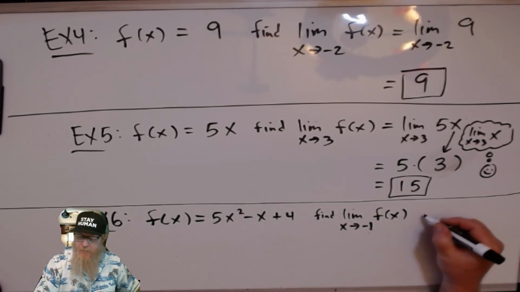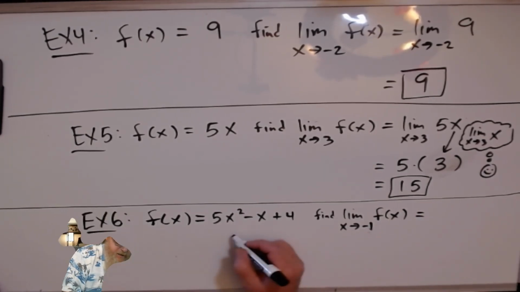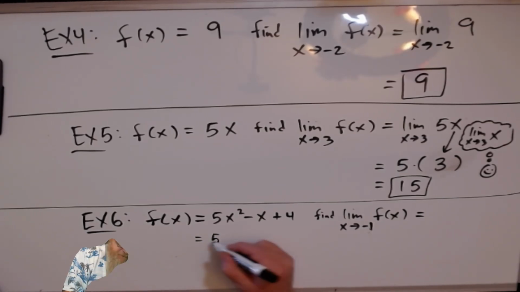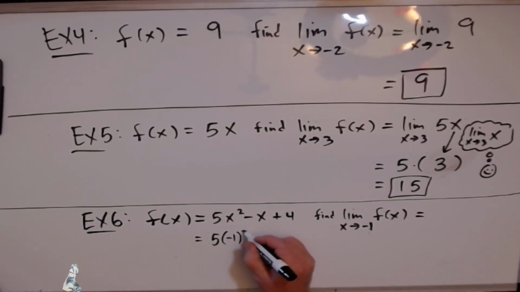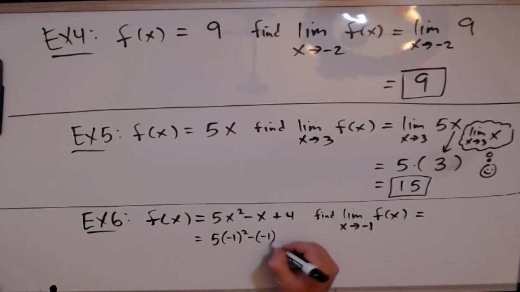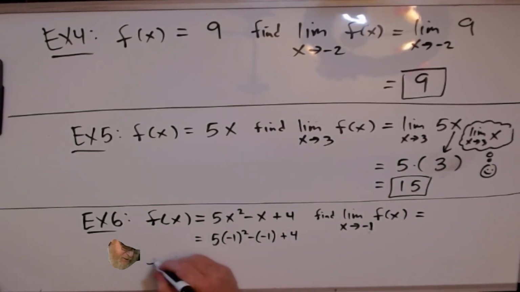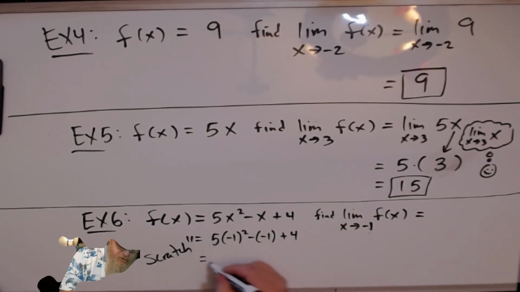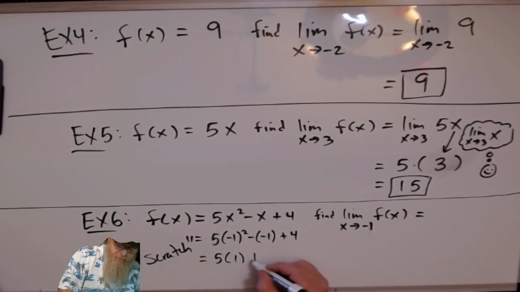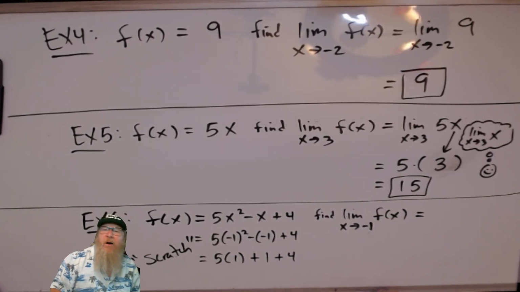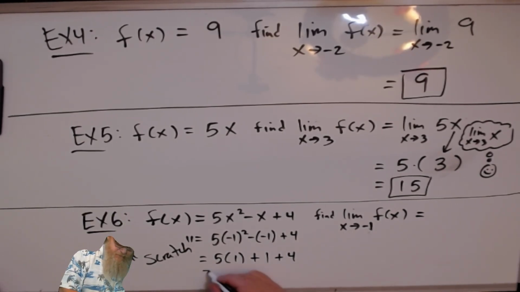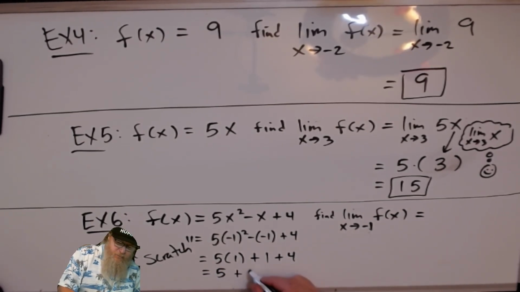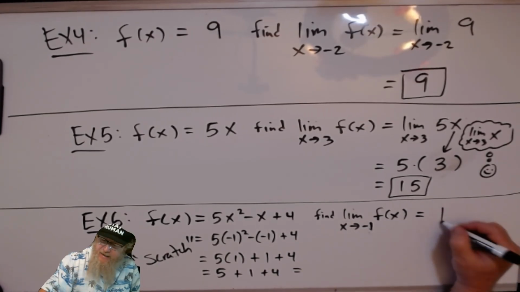Because I'm running out of space, I'm going to do the math over here. 5 times -1 squared minus -1 plus 4. So this is my scratch work, which is 5 times 1 plus 1 plus 4. 5 plus 1 plus 4 is 10.